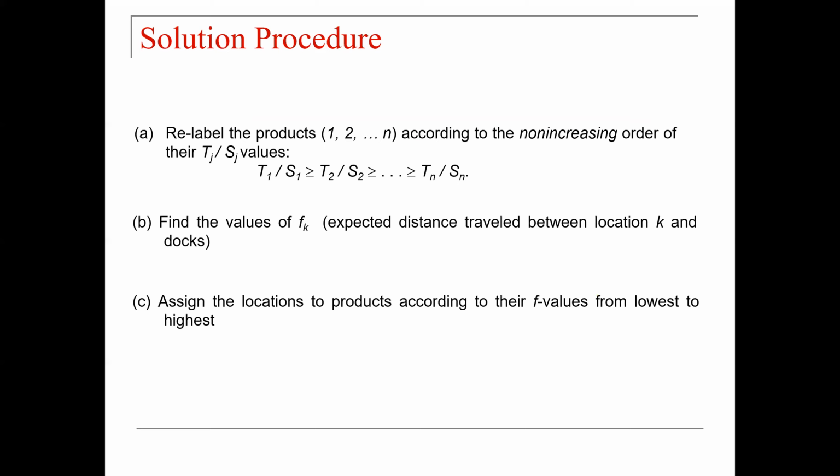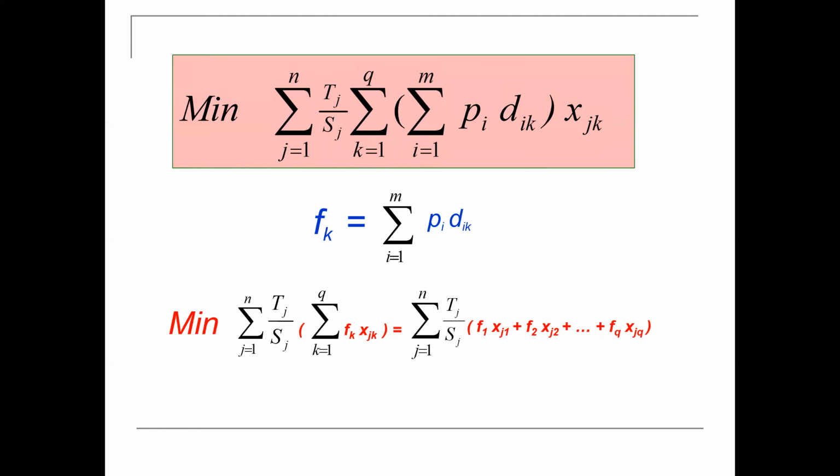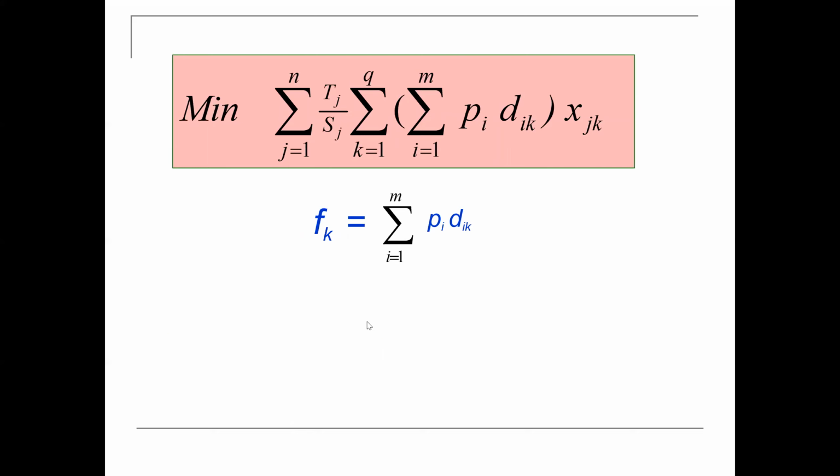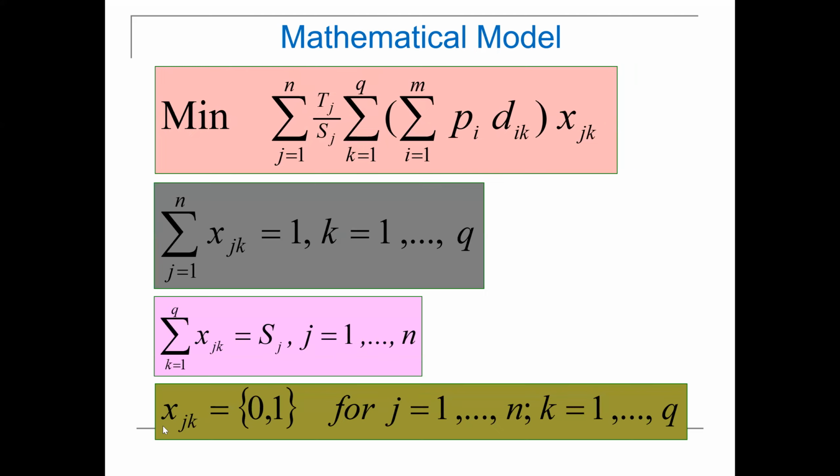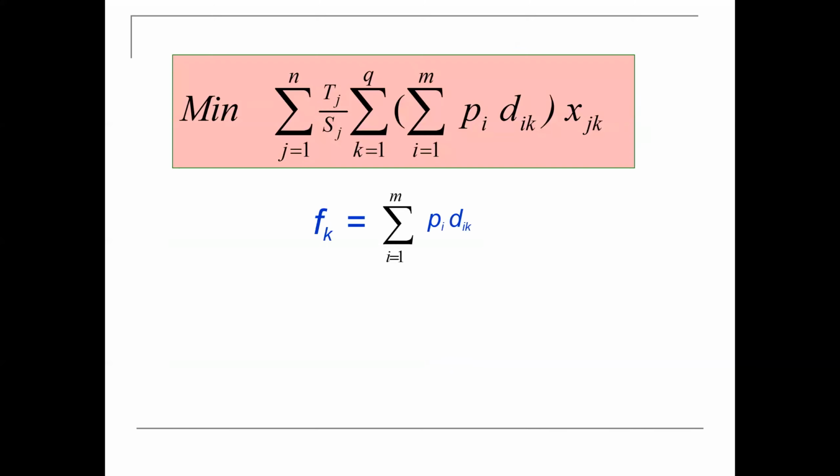The simplex algorithm is the one commonly used to solve linear programming problems. But in this case, this is not a linear programming model, because the decision variables here are integers, binary integer variables. So this is a binary integer programming model, and those are very difficult to solve.